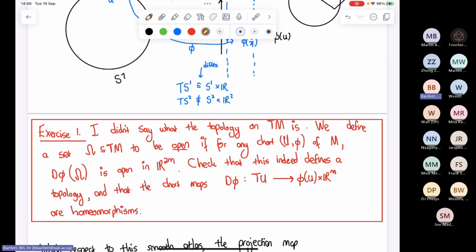So I can put a topology on the tangent bundle using the charts. Having knowledge of the charts, i.e. the atlas, I can define a topology on the tangent bundle by saying that a set is open if for any chart the derivative map applied to that chart is open. You can actually do this for any manifold.